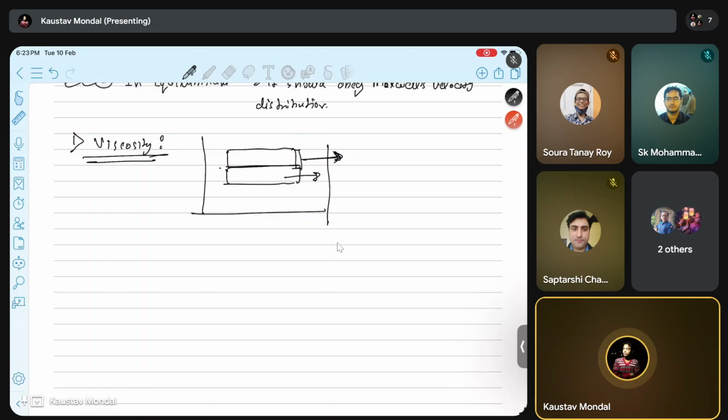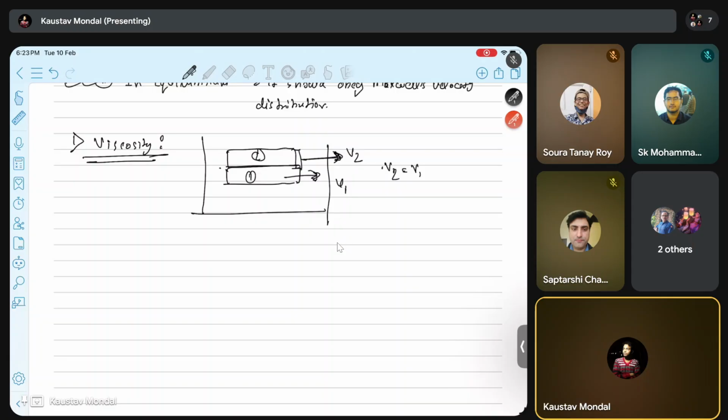Because of this friction, some molecules from layer 1, with velocity V1, jump into layer 2, with velocity V2, and some from V2 to V1, in order to gain equilibrium such that the velocities of the two layers become equal. This is how viscosity arises in the system.